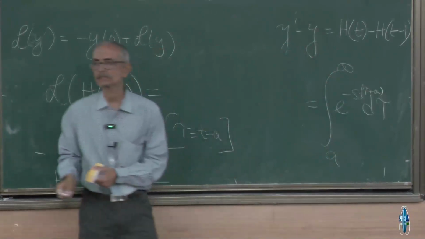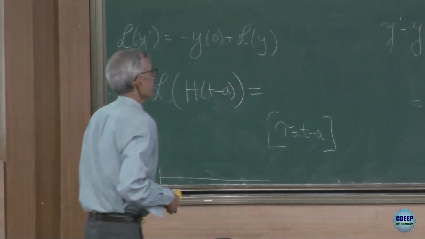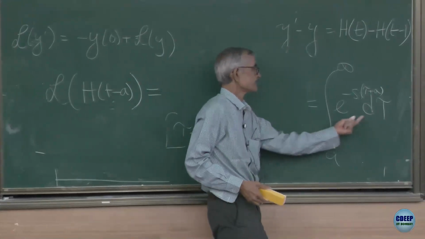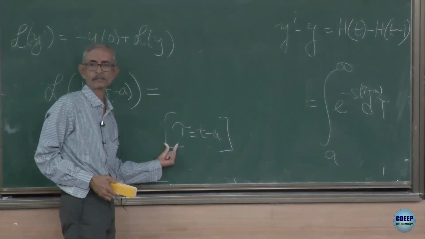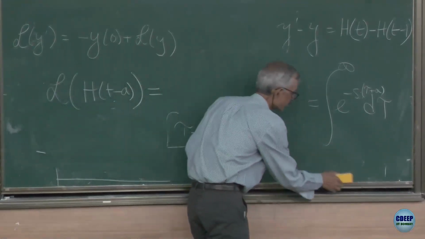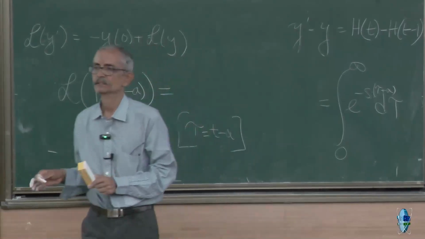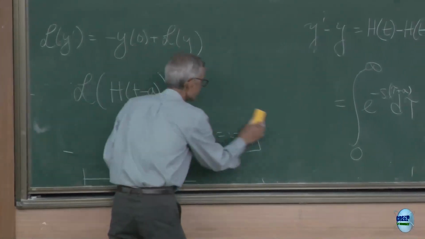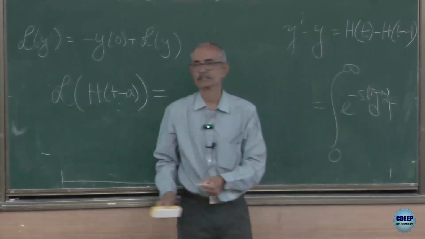And what are the limits? At t equal to a, what is tau? 0. So this is 0. Infinity will stay infinity.